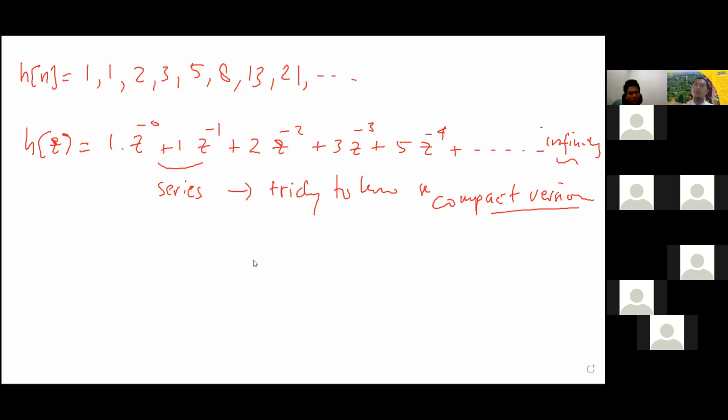Actually there is a method available to take this kind of series to be a compact version. You can check again in Advanced Mathematics how to find the compact version from a series, because this is a kind of series.